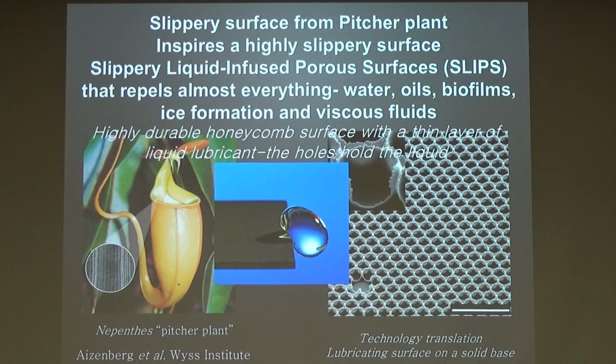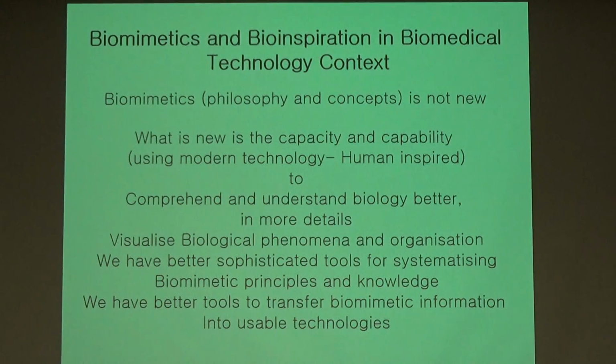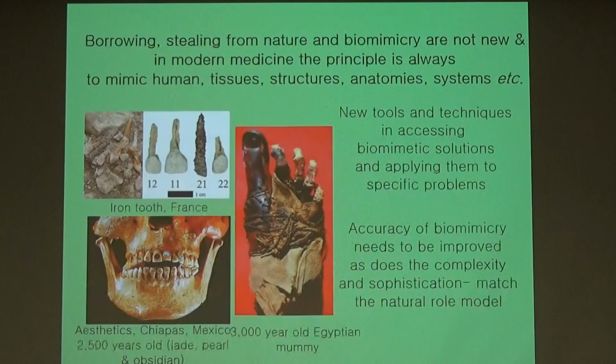There's no substance that will actually attach to the surface. It's a super clean surface, and it's based on the pitcher of a carnivorous plant. That kind of design. I won't go too much into detail on this, and a lot of those slides I've talked about before.